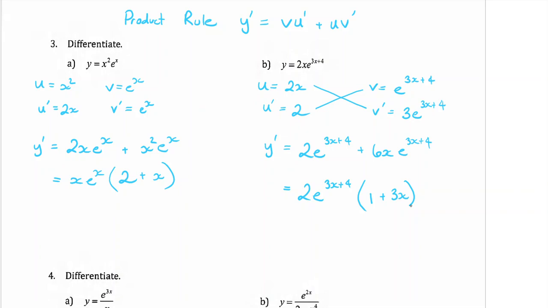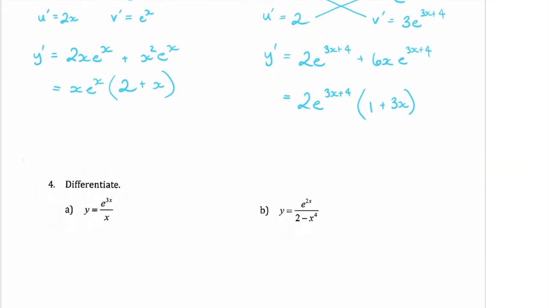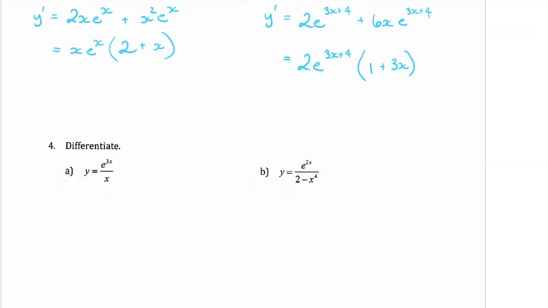So if those are product rules, what's question 4? Quotient rule. So the quotient rule, y dash equals, got it memorized? vu dash. Yeah, so in your formula, the only difference is that it's now a minus and over v squared.